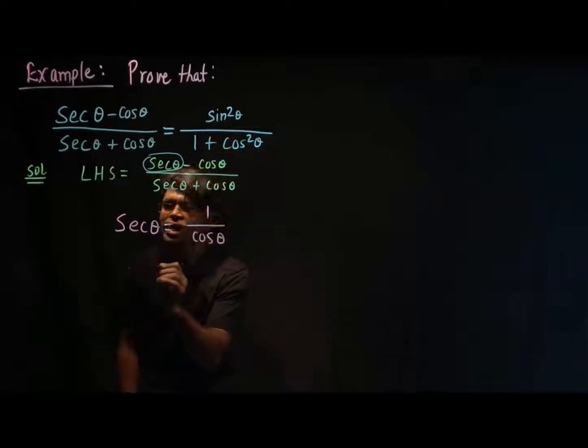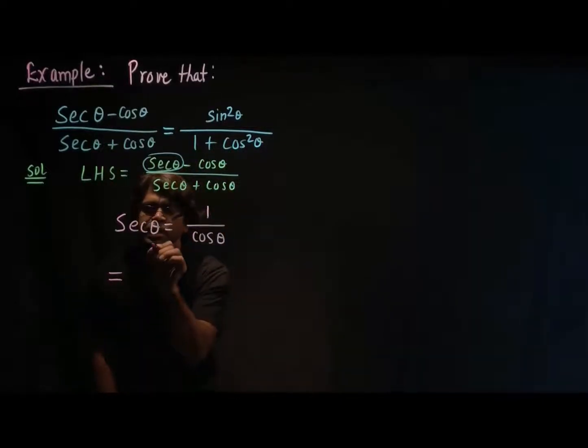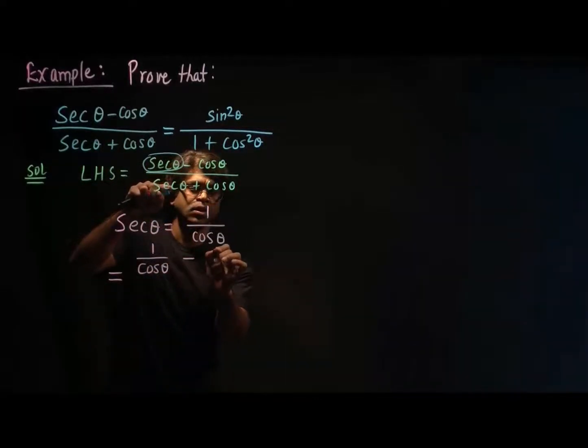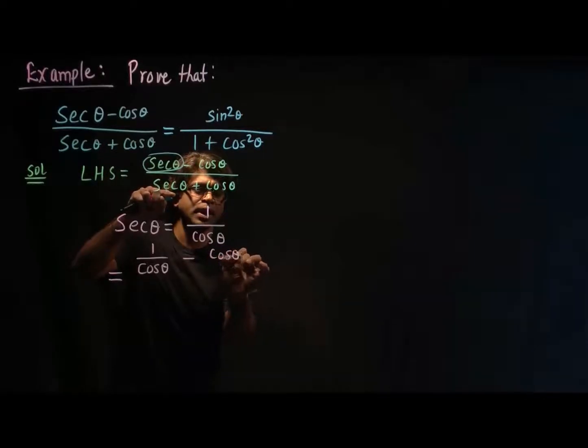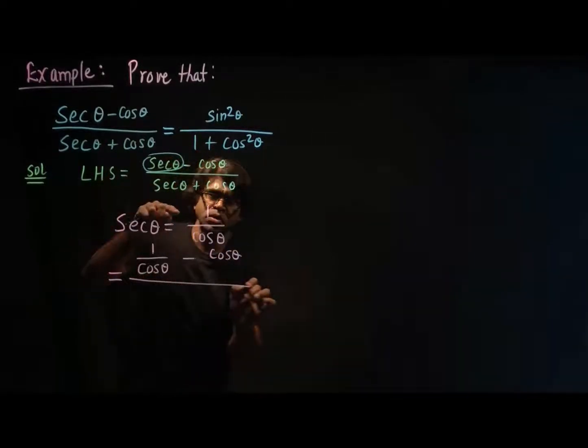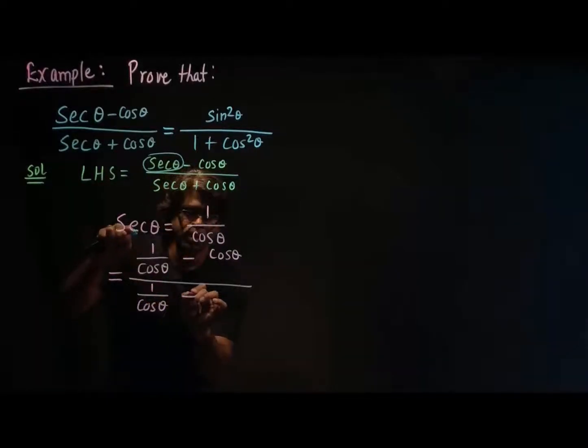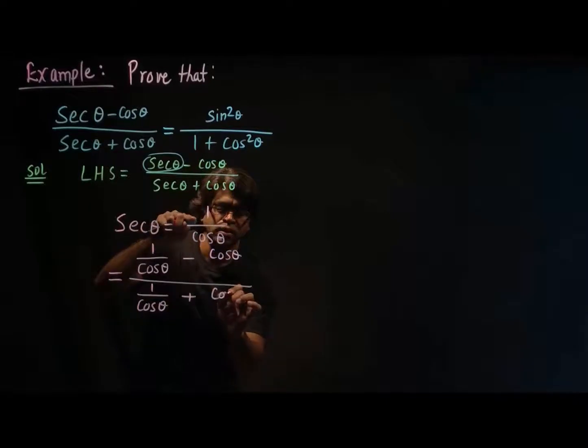If I do that, I will write 1 over cosine for this secant, minus cosine theta, over this secant, which is again 1 over cosine theta, plus cosine theta.